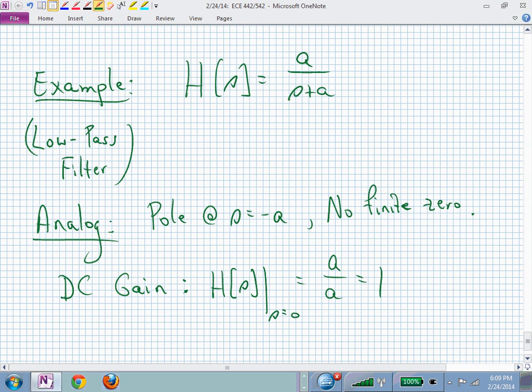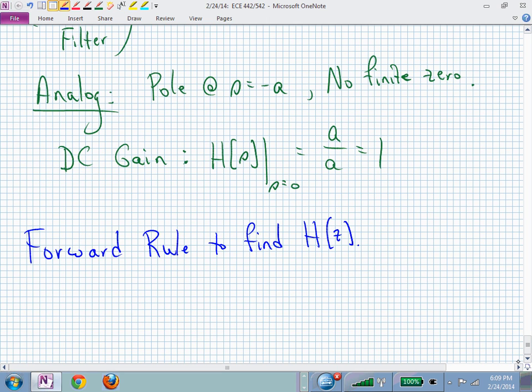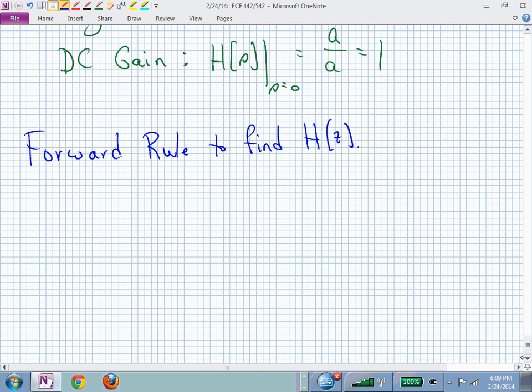Let's see what it looks like when we use the forward rule of numerical integration to find a discrete equivalent. Our forward rule to find h of z. And we're going to have a lot of these h's floating around, so let me put a subscript on this, h sub f, for the forward rule.